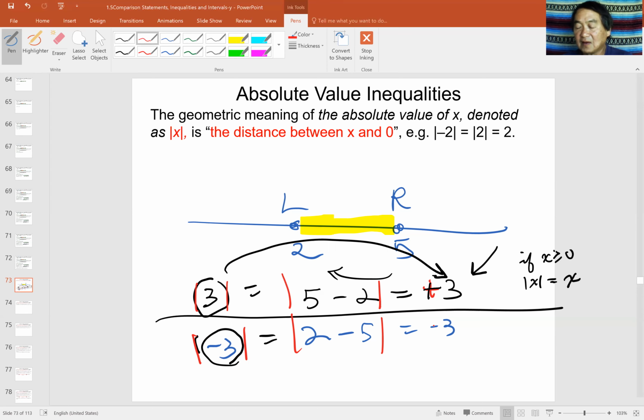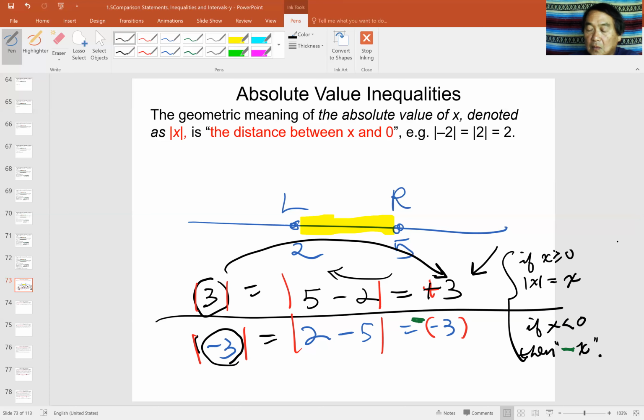How do I make a negative number positive? Well, I throw in another extra negative sign. So if x is negative, then the absolute value gives minus x, which is positive. This is actually the algebraic definition.